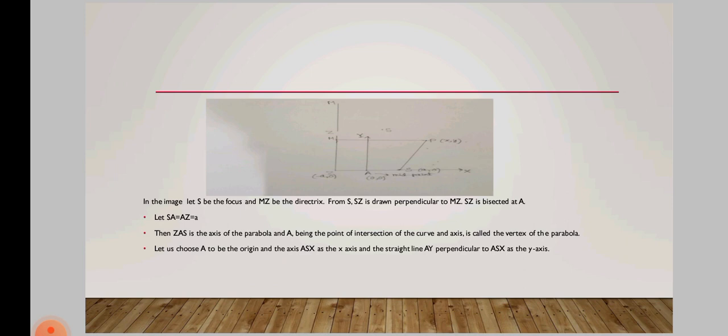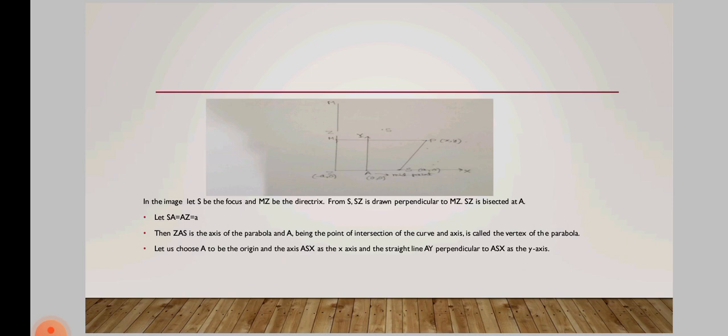Now we will find the locus of the point P. Suppose the coordinate of the point P is (x, y). By the definition of a parabola, this point P has equal distance from the point S as well as the line MZ.